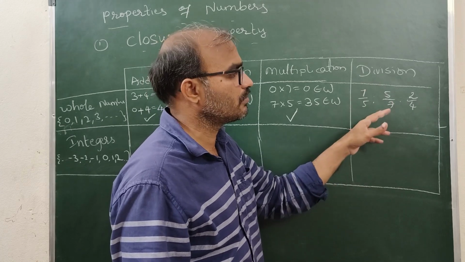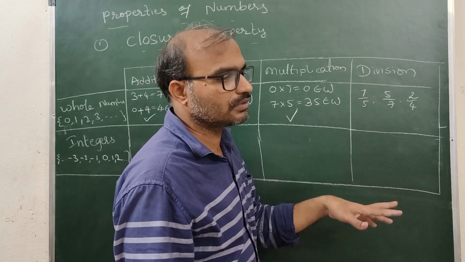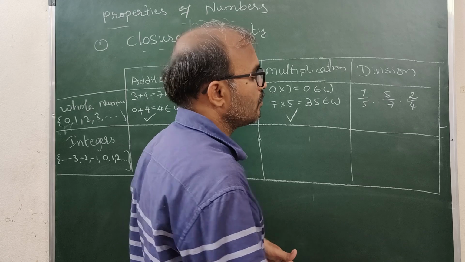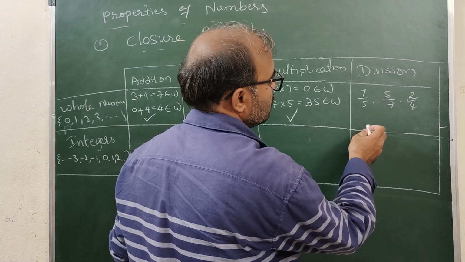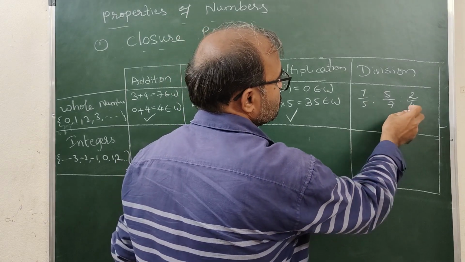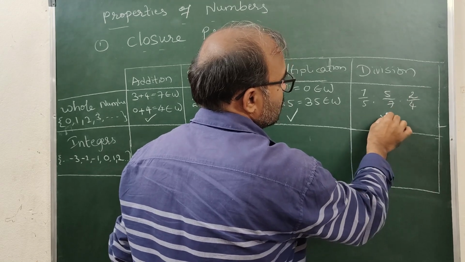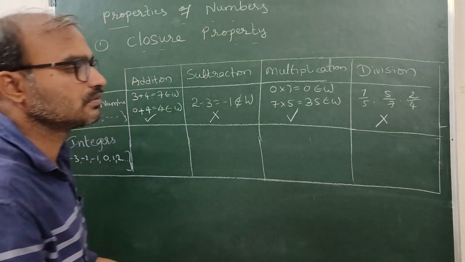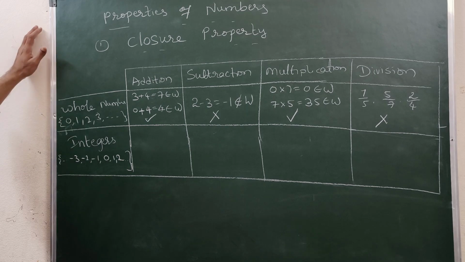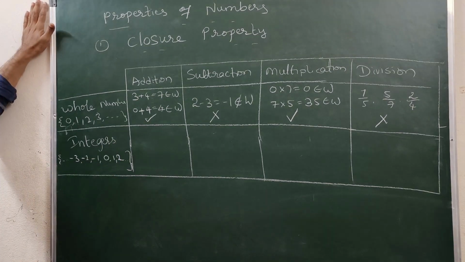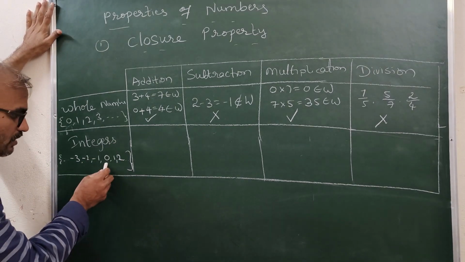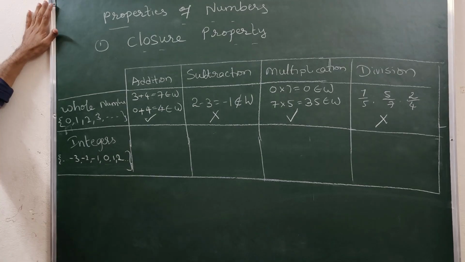So on dividing two numbers, you may not get the quotient as a whole number. That is why whole numbers are not closed under division. Integers contain, along with the whole numbers, negative numbers.